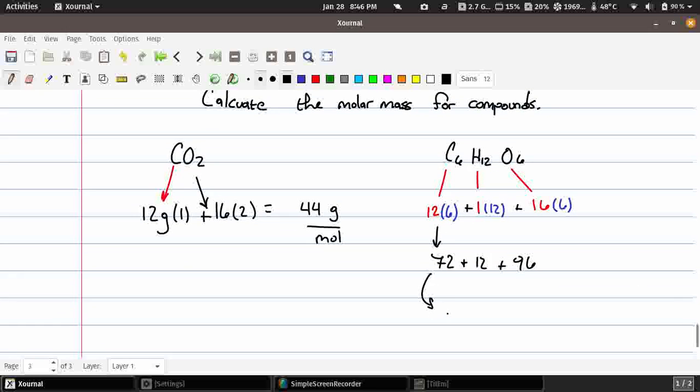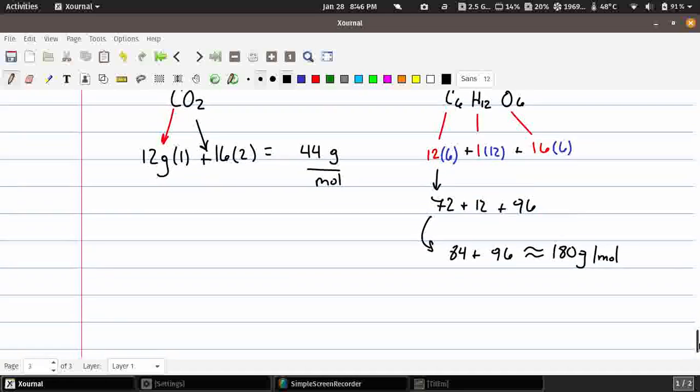So this is 84 plus 96, and then 90 plus 80 is 170 plus 10. So that would be 180 grams per mole. And this is very rough because I just estimated from the periodic table, but it's roughly equivalent to 180 grams a mole.